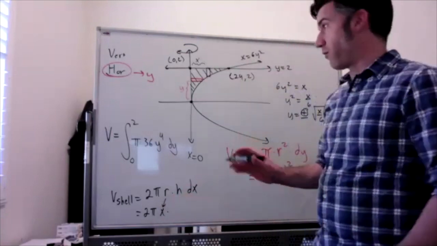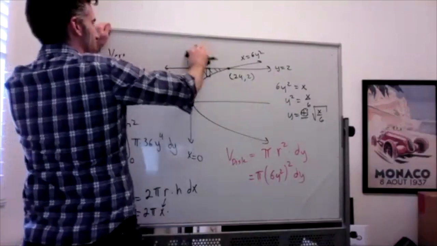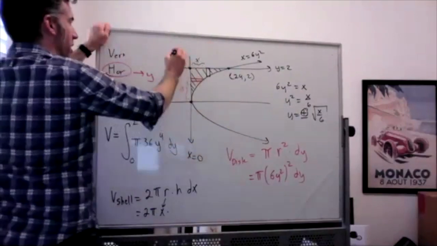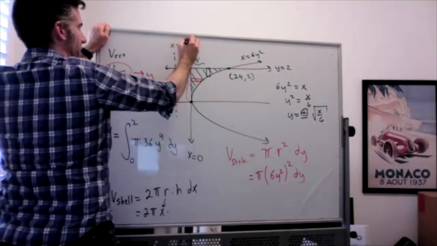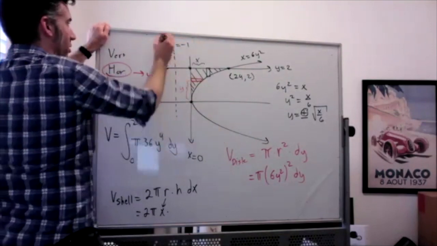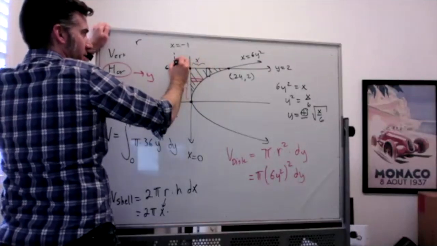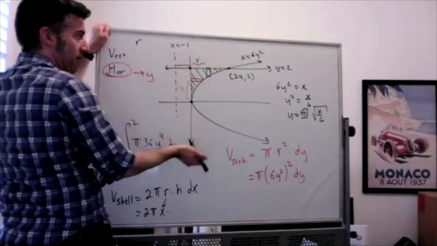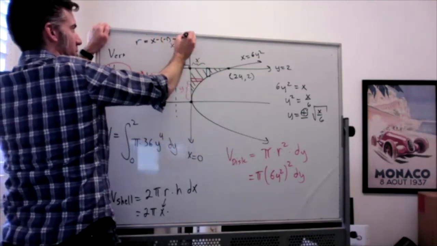Now, if, for example, just to change it up, we were going around the vertical axis x equal to -1, then our radius would be, well, this is x to the right, but then I have 1 more to the left. So my radius would be x minus -1, which would be x plus 1.